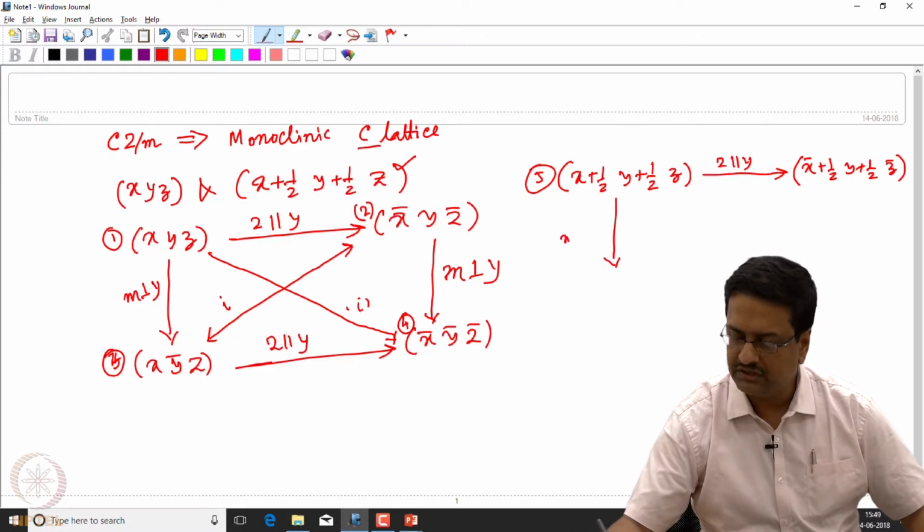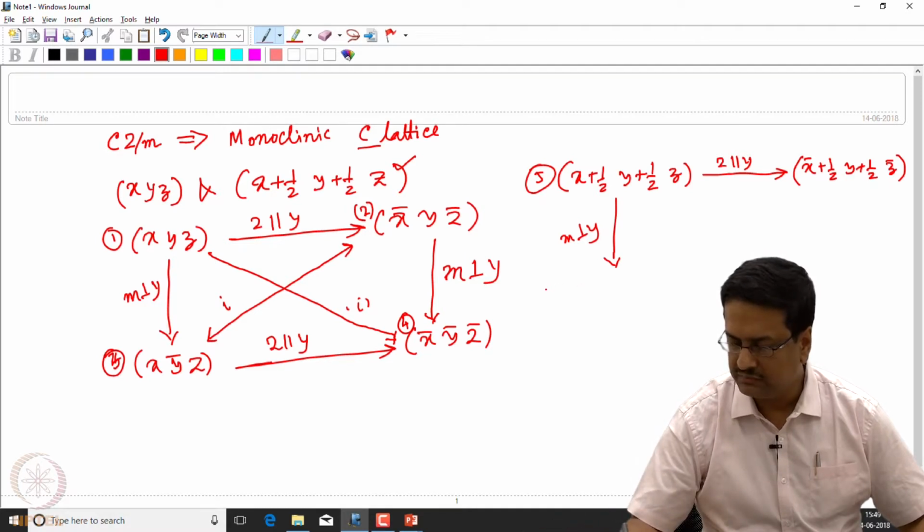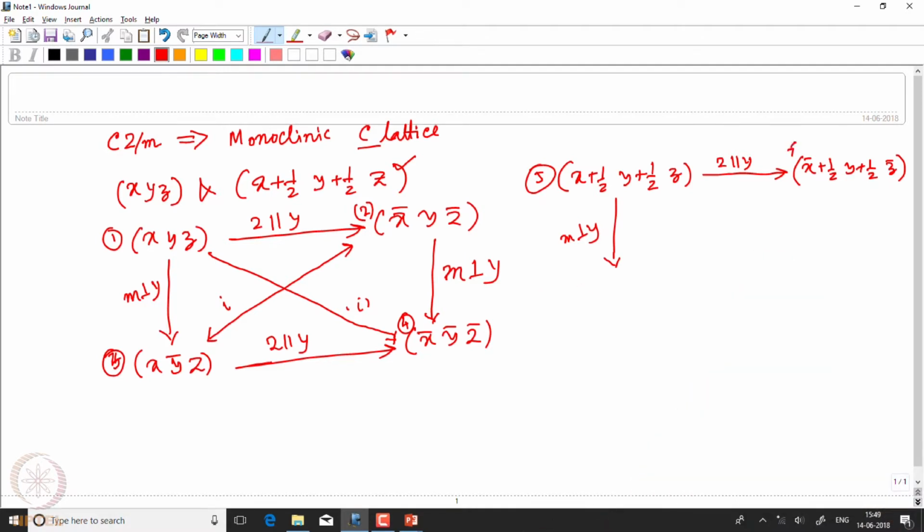If we do a mirror perpendicular to y on point number 5, we get point number 7, which we get as x plus half, y bar plus half, z.